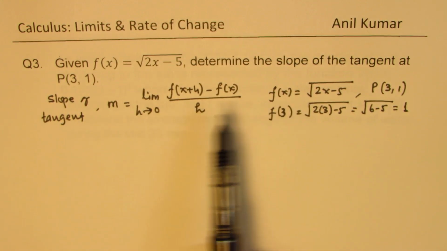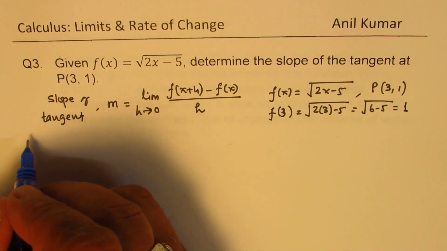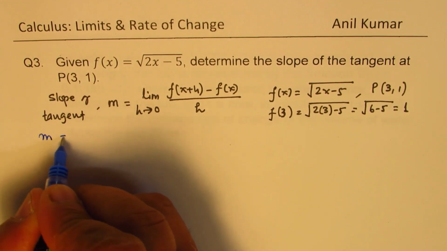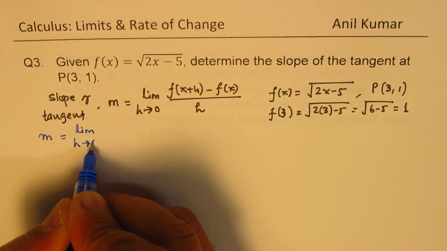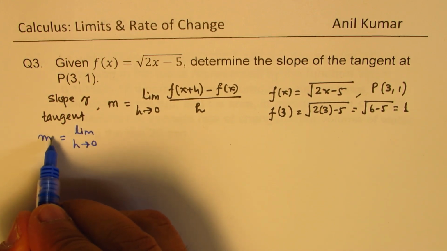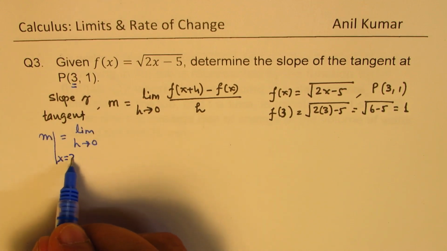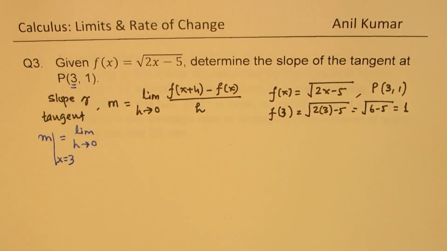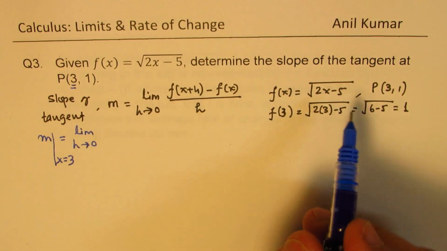So let's use this equation and find the slope of tangent line. So slope of tangent line m is basically equal to limit h approaches 0. Now this function we want to do at x equals to 3, right? So we are interested in the point where x is 3. So we'll substitute 3 here for x plus h, right?